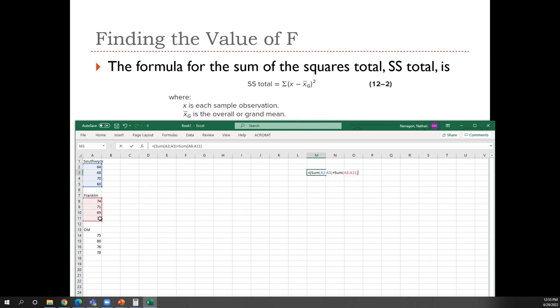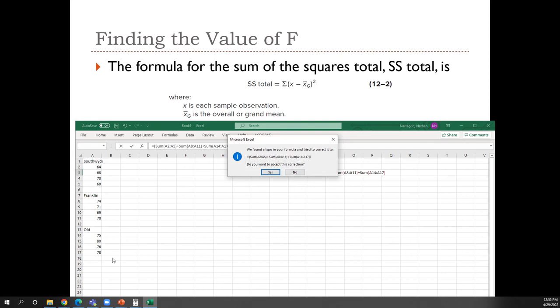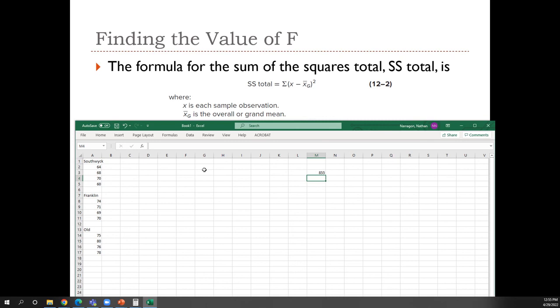Always remember PEMDAS when you're putting in anything in Excel, because it's just like a big calculator. And remember to actually finish up the parentheses.